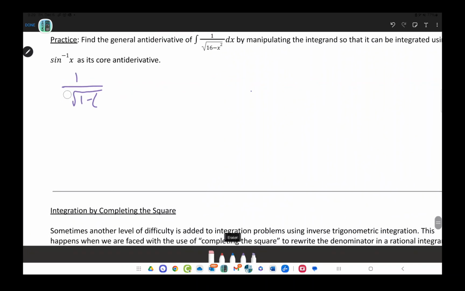Let's do this one step at a time. What's the square root of 16? 4. I'm going to write x squared over 16 as a function being squared.